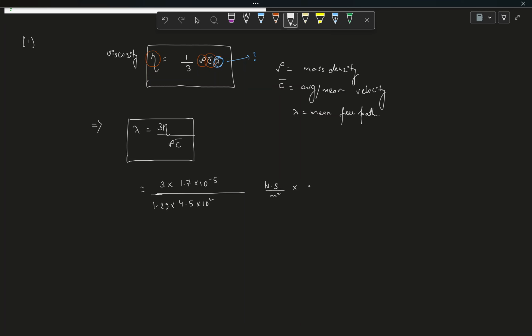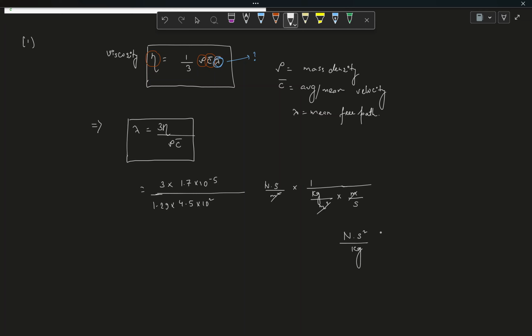Then you have rho, that is kg per meter cubed, so this is 1 by kg per meter cubed. Then you have c bar, which is simply a velocity, so meter per second. Now this meter squared and meter makes meter cubed, this cancels out, so you have second and second making second squared. So Newton into second squared per kg.